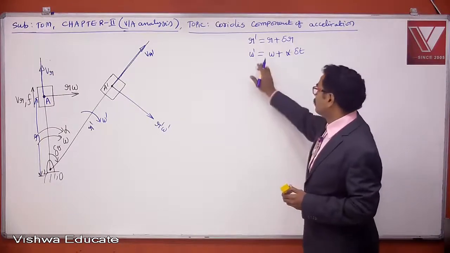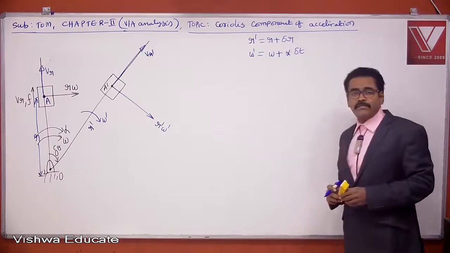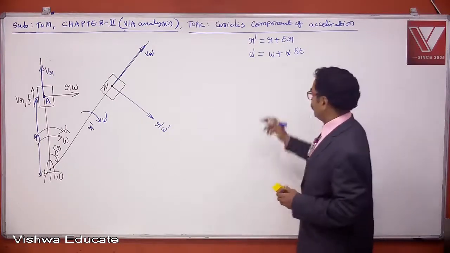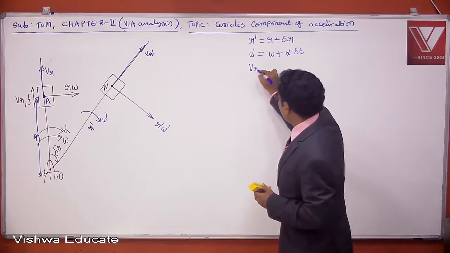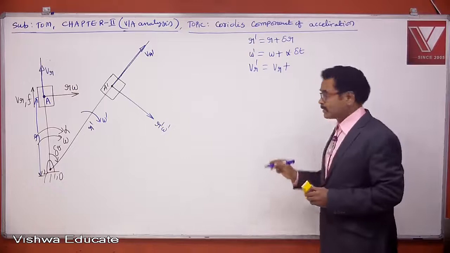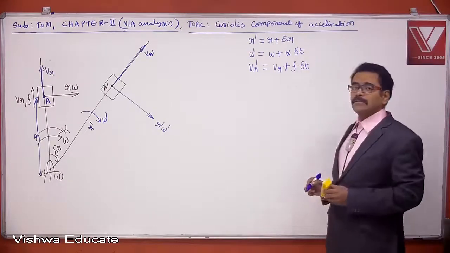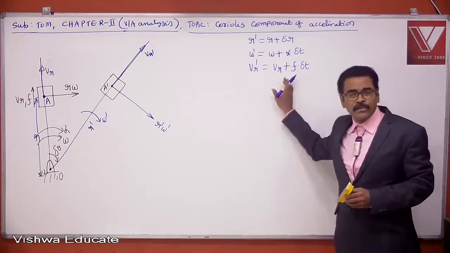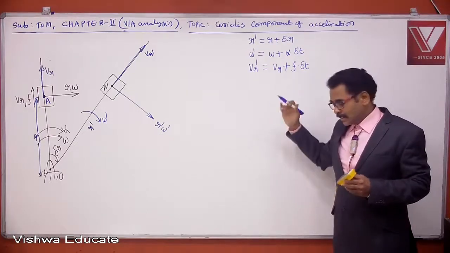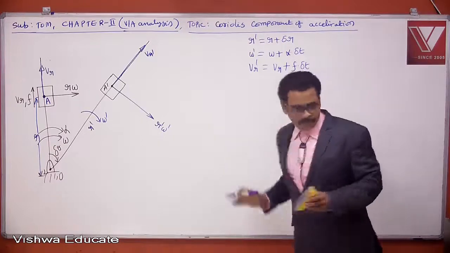Similarly, the final radial velocity is equal to the initial radial velocity plus radial acceleration into time, also in the form of v equals u plus at.